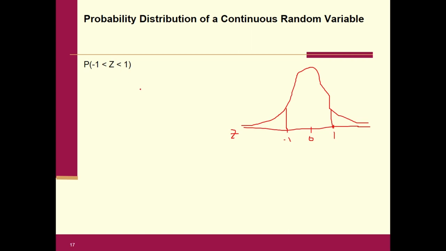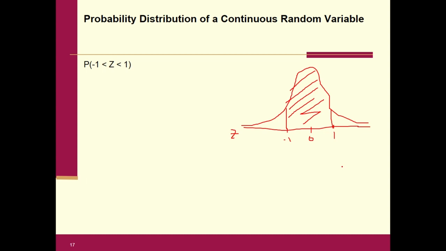So how can we use the table in order to figure this out? We want the area in between, and we already know that this is roughly 68% of the data. Remember the table is always giving us less than. There's a couple of ways that you can figure this out, but I'm going to give you the most straightforward way.